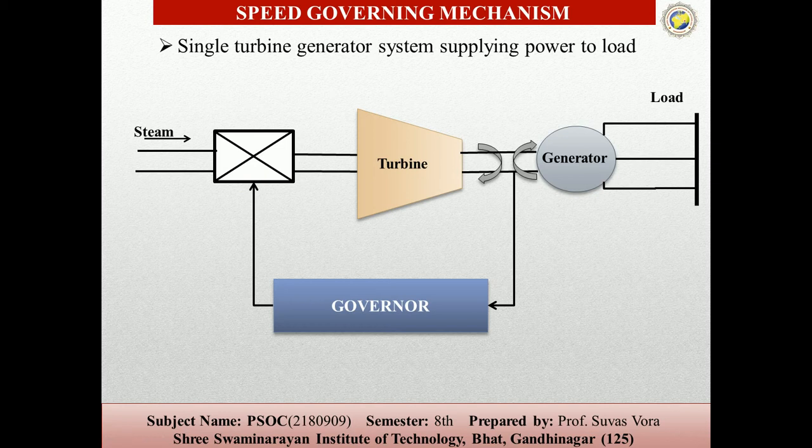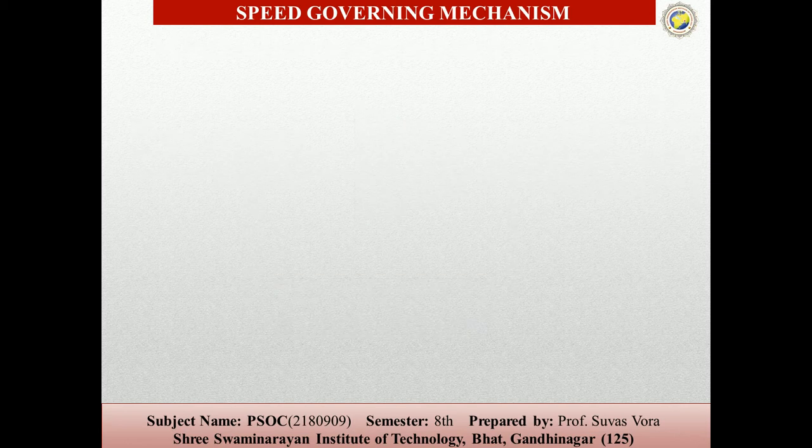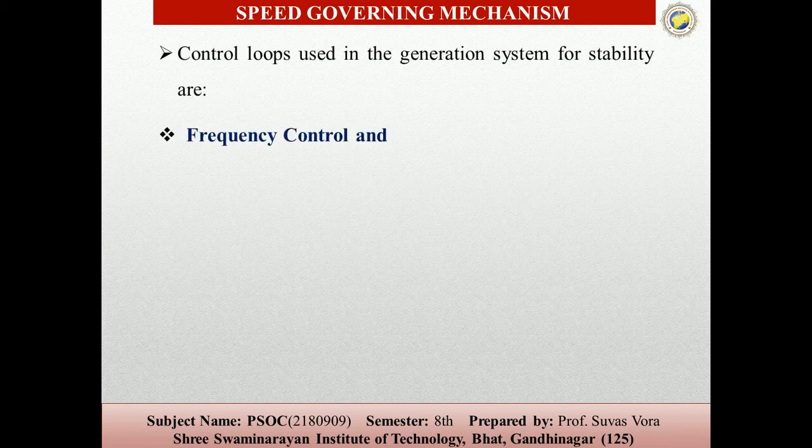Basically the control loop used in the generating systems for stability has two main parts, the frequency control and the automatic voltage control systems.